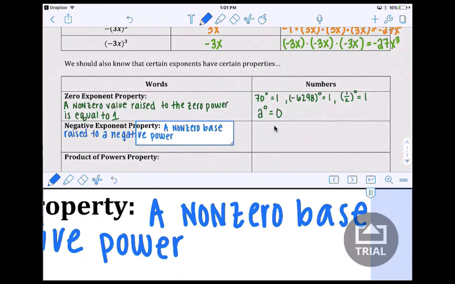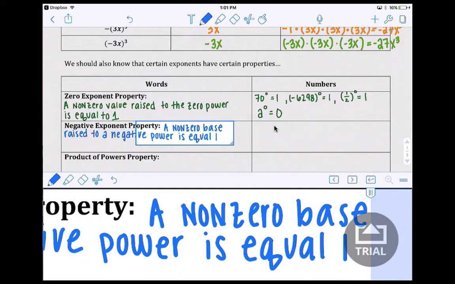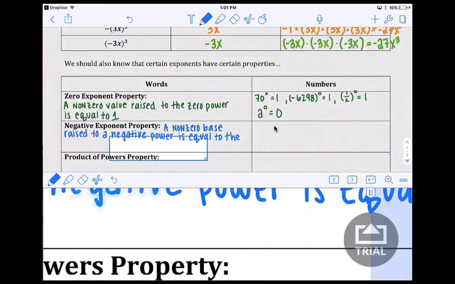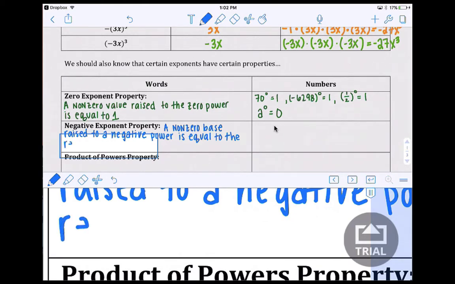Is equal to the reciprocal. Well, that's another math word. The reciprocal, R-E-C-I-P-R-O-C-A-L. This is my spelling. I think I did it right.